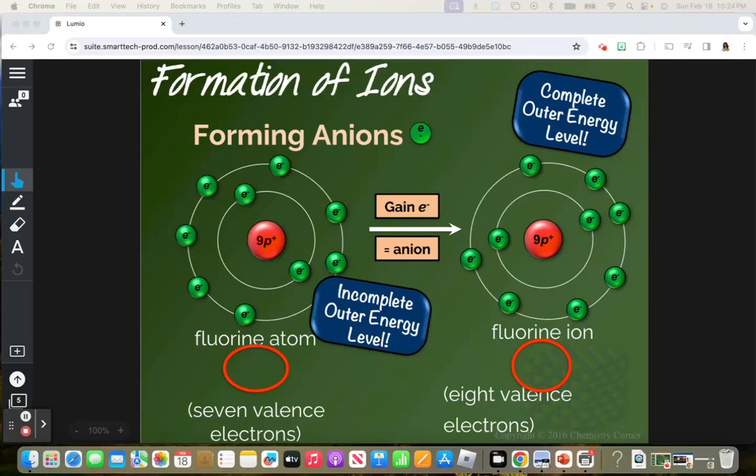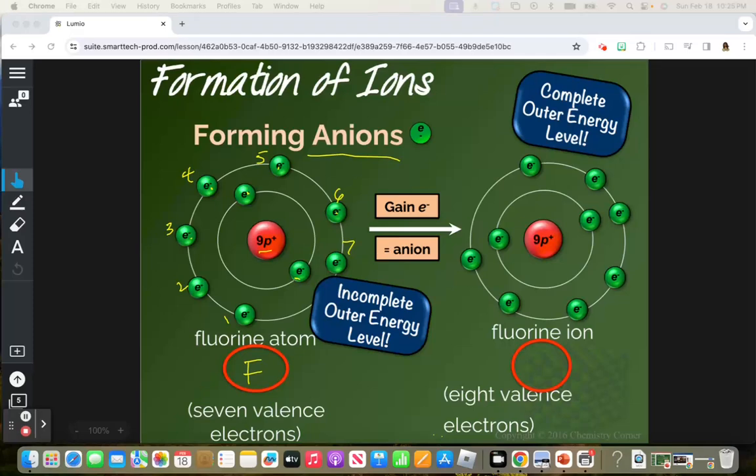Now, the formation of anions, which are negative. We're going to start off with the neutral atom of fluorine with its 9 protons and 9 total electrons, but let's focus on the valence electrons. It has 7.